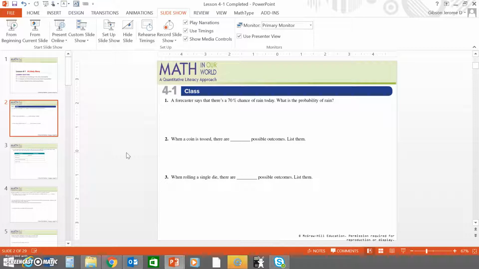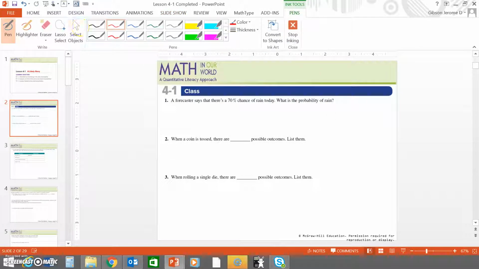So we come here to problem number 1. It says, a forecaster says that there is a 70% chance of rain today. What is the probability of rain? Now, as you all know from previous chapters, when we covered percents, we know percent means out of 100. So we know 70% actually means 70 over 100.